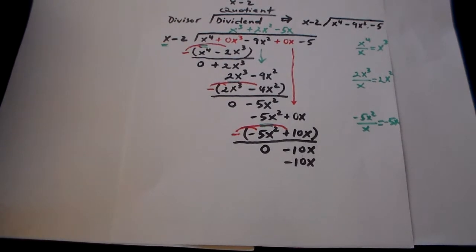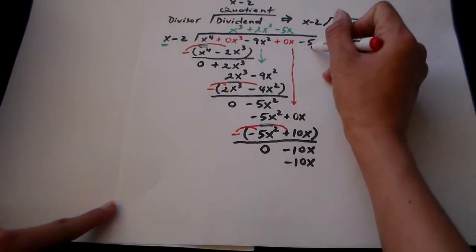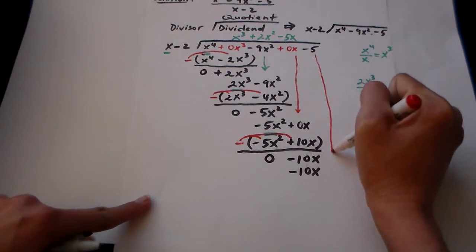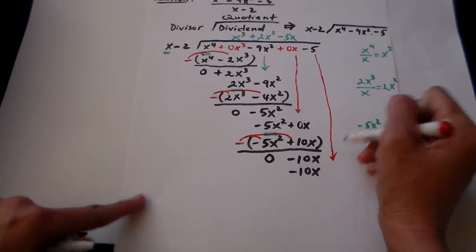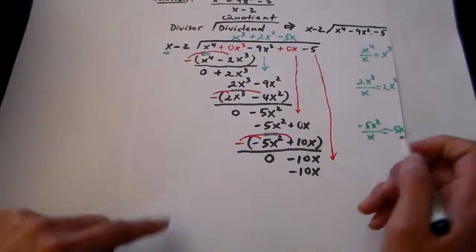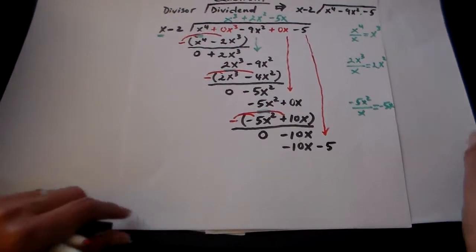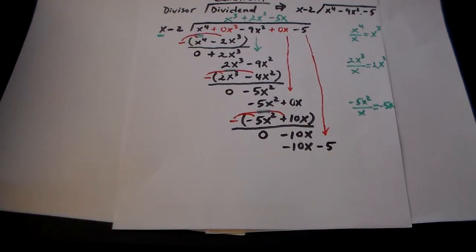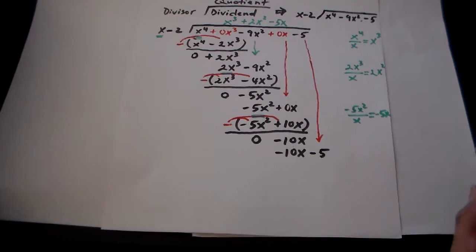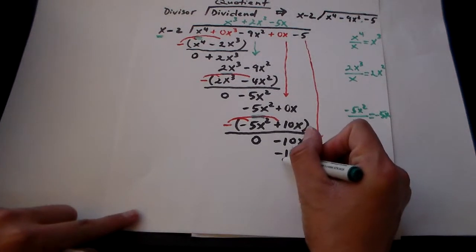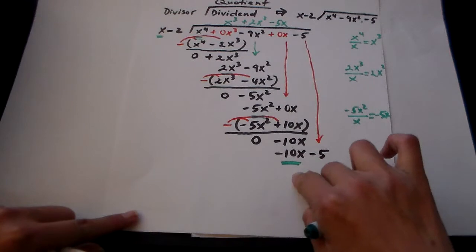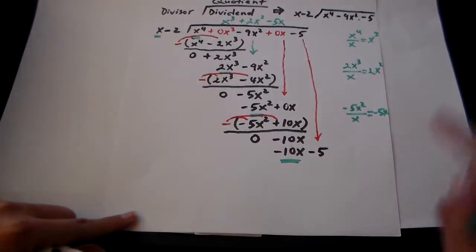So the next step, we will bring down the next term in the dividend. Bring the negative 5 down. Right? And you follow the same procedure. You take the first term here, divide by the first term in the divisor.